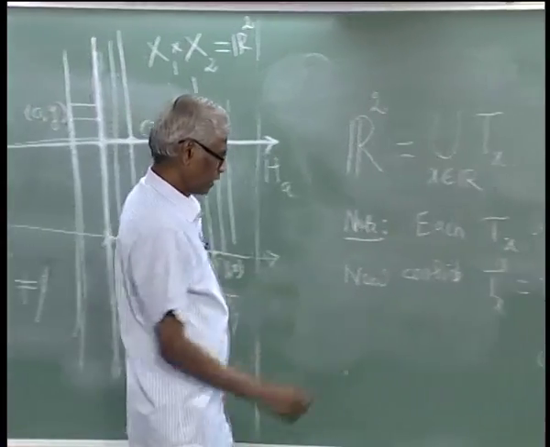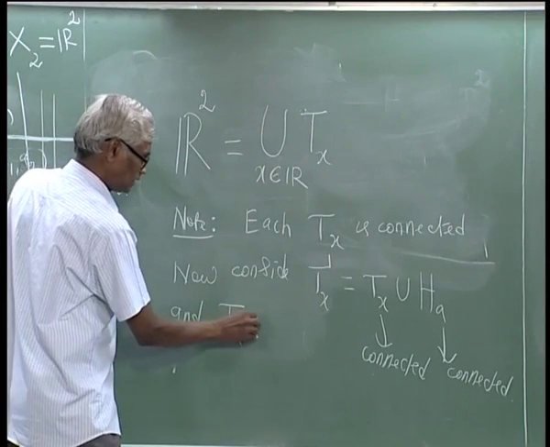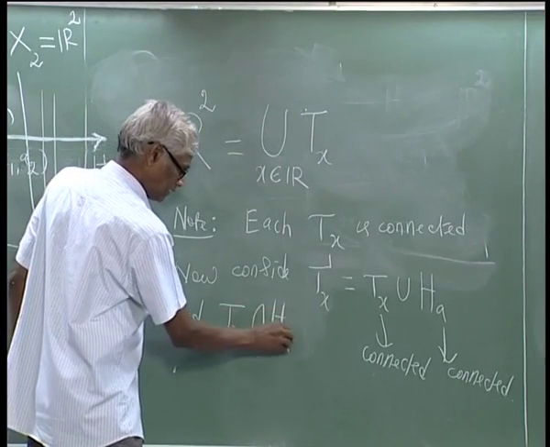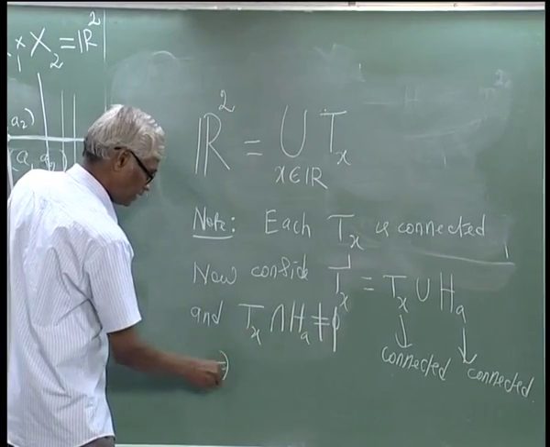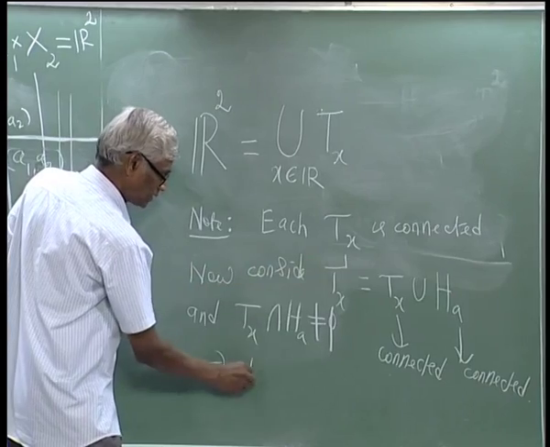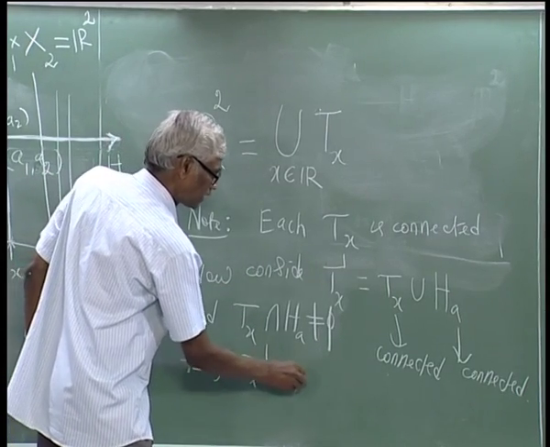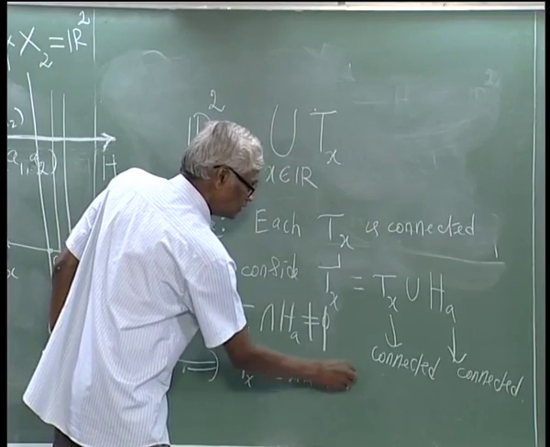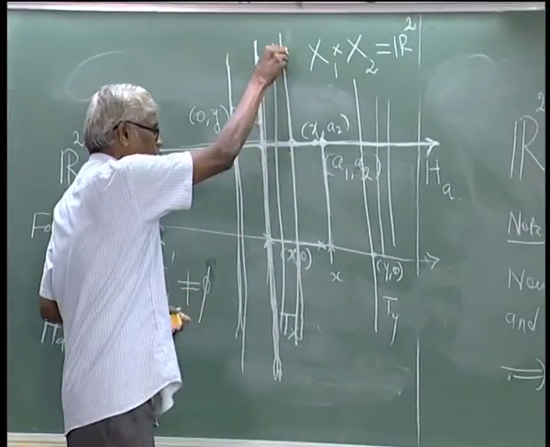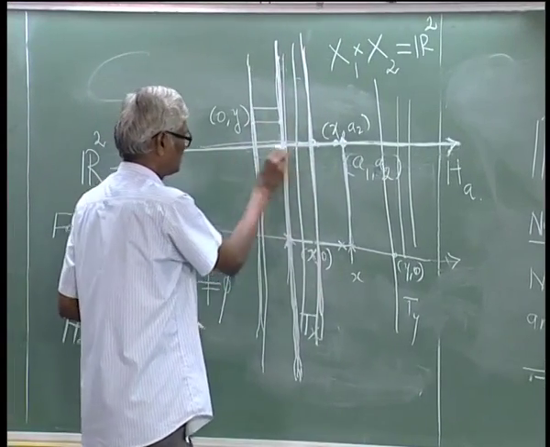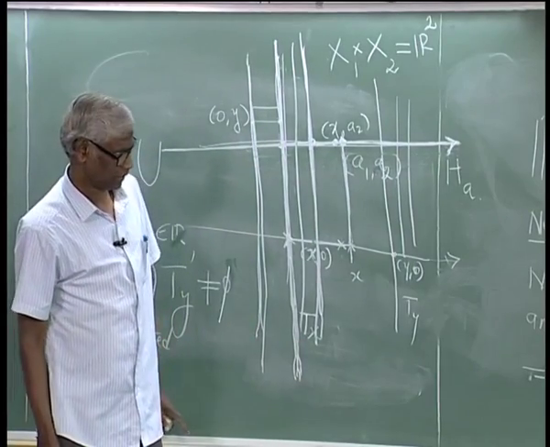So T_x intersection H_a non-empty implies the union T_x prime is connected. So the union of one vertical line and this particular H_a is connected.